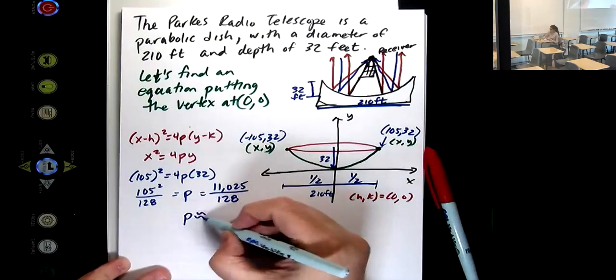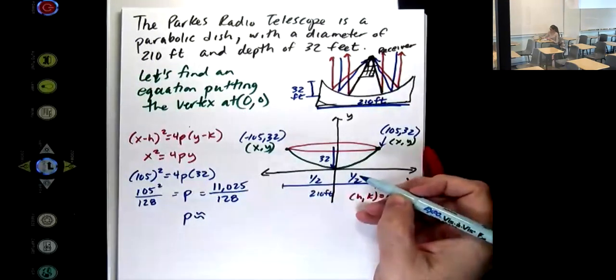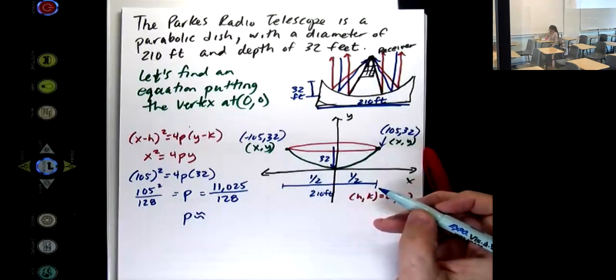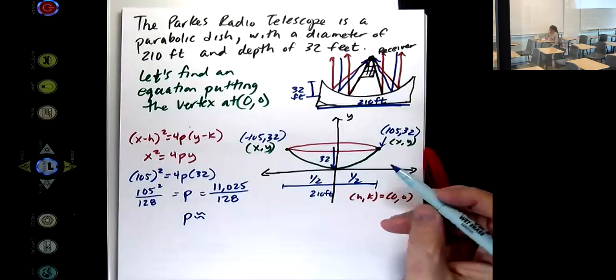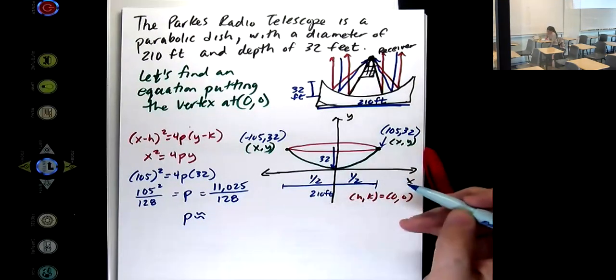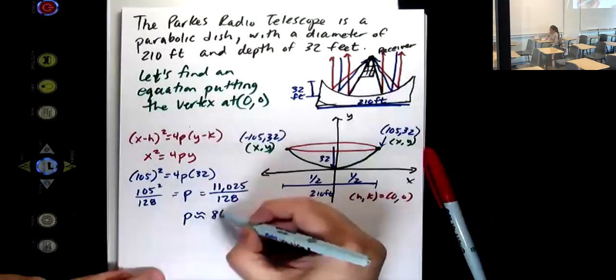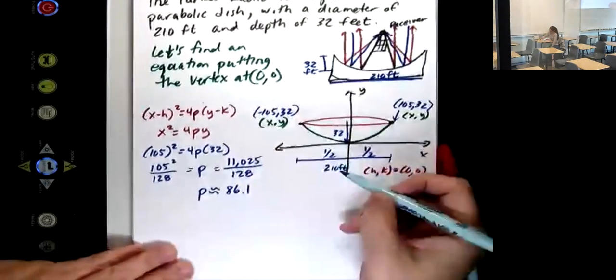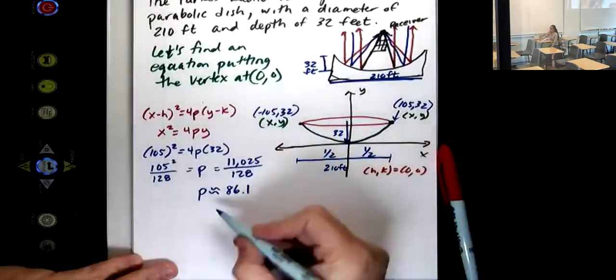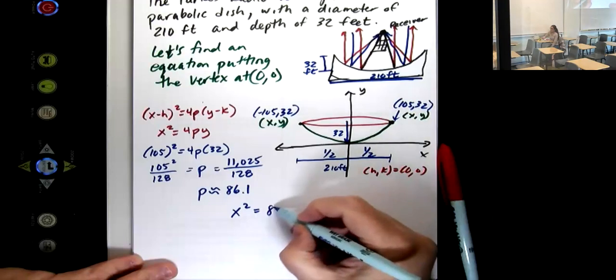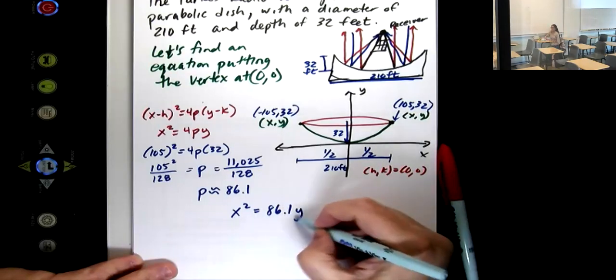What's 11,025 divided by 128? If someone has a calculator. Let's go to one decimal place. That should be good. 86.1. Okay. Which means we got x squared equals 86.1y.